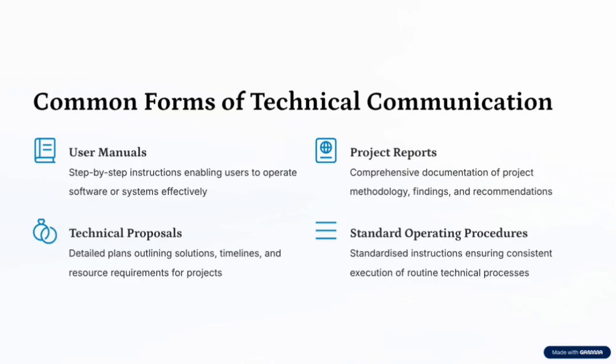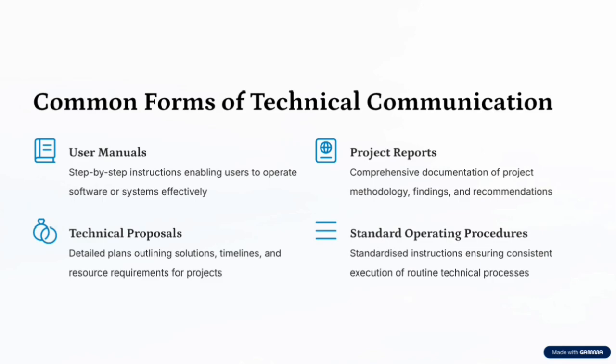Common forms of technical communication. These are the four basic examples where we use technical communication. First is user manual. As I said, in a user manual, step-by-step instructions are given: how to operate a software, how to run a computer, how to install an application.